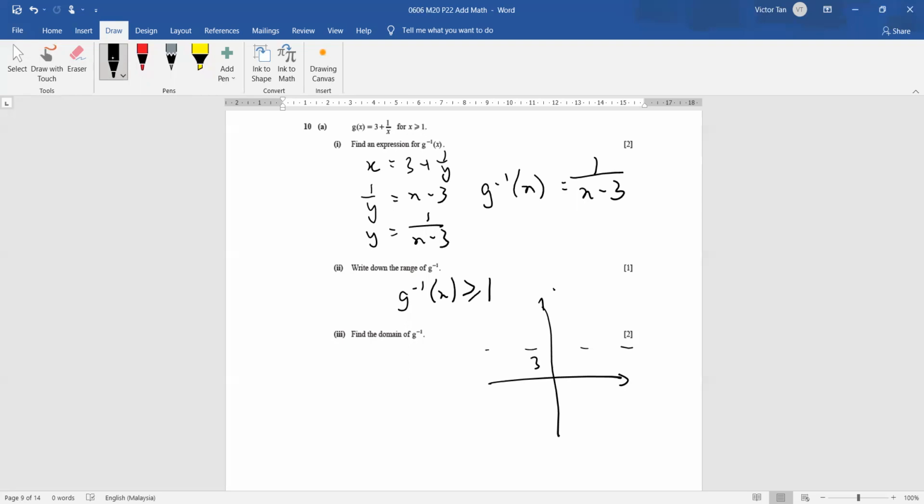This is the graph here, but it starts at 1. So g of 1 is 4. So the range of the function will be the domain of the inverse function, so it is larger than 3 and smaller or equal to 4. Okay, that's it.